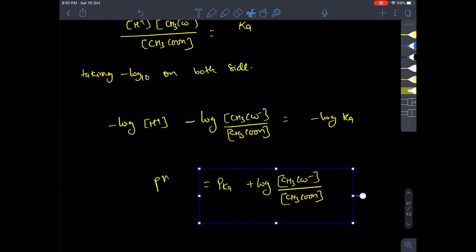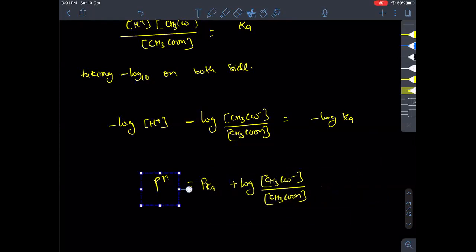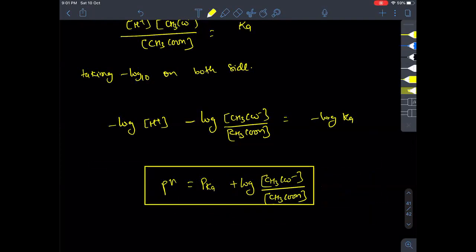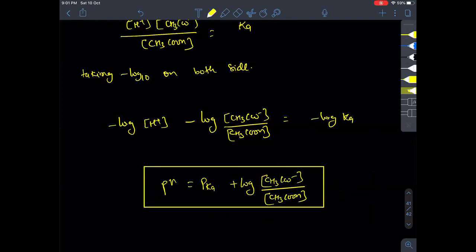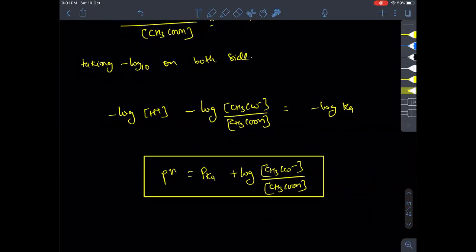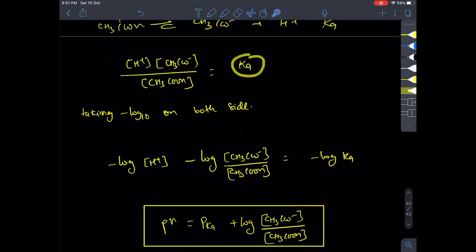It is very simple. I don't even prefer to use this formula always. Rather, I prefer this, that you should simply write like this, and the concentration is known.